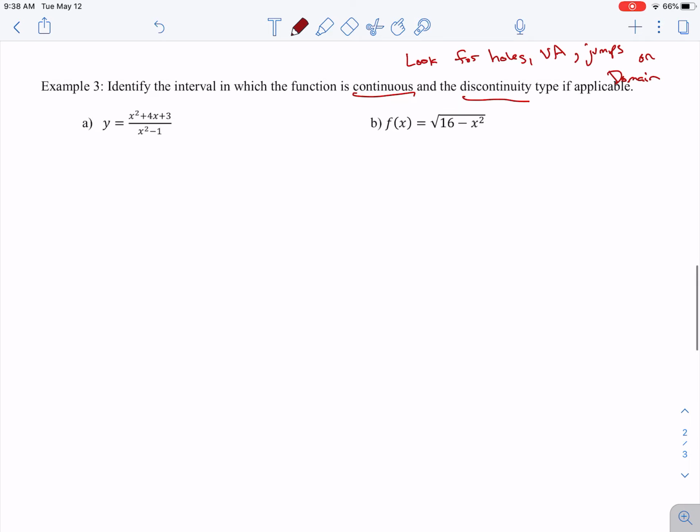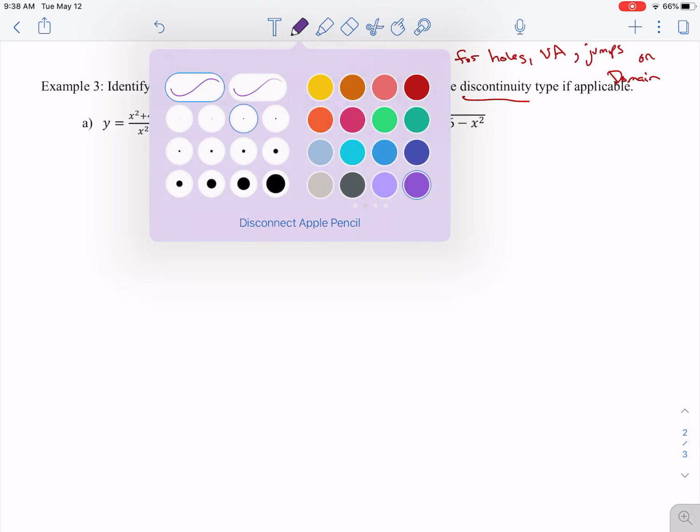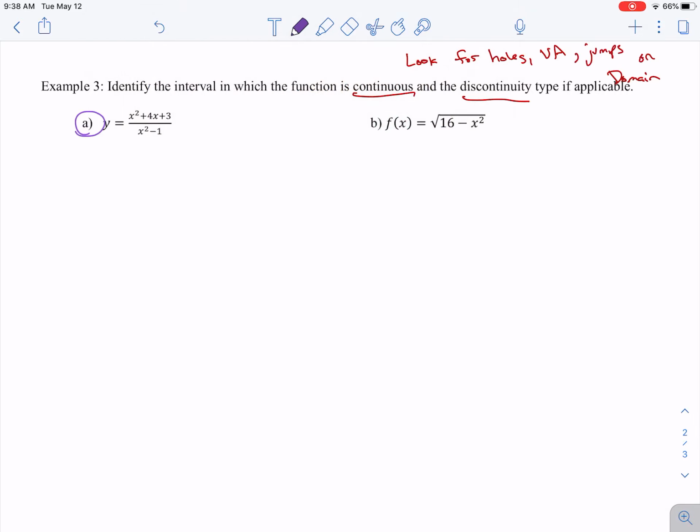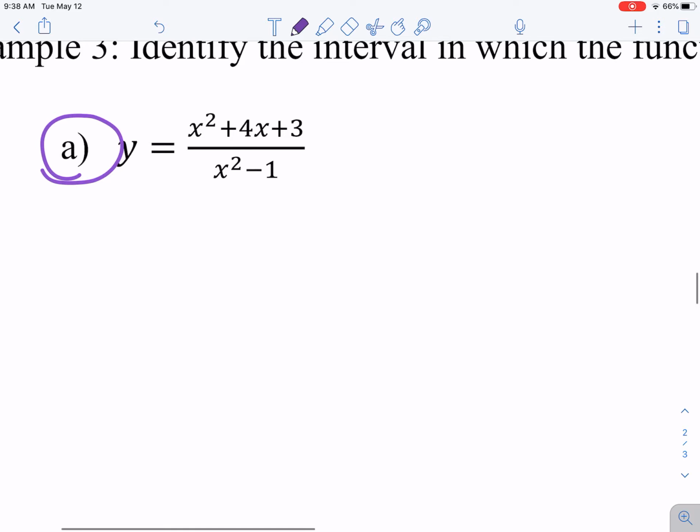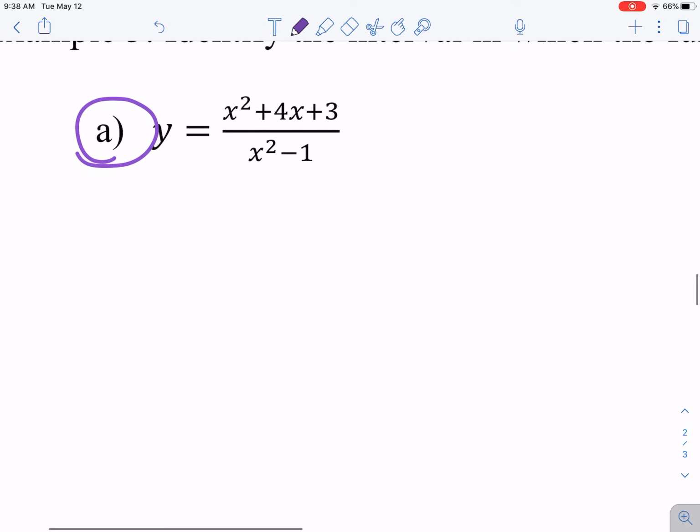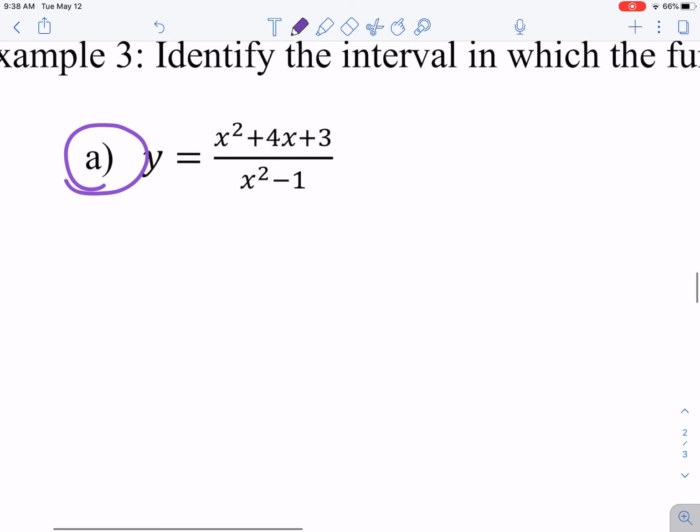Okay, so for this one right here, for A, I'll do that in purple. Looking at this function, we can start factoring it to simplify it a little bit. The top is going to factor as x plus 3, x plus 1.